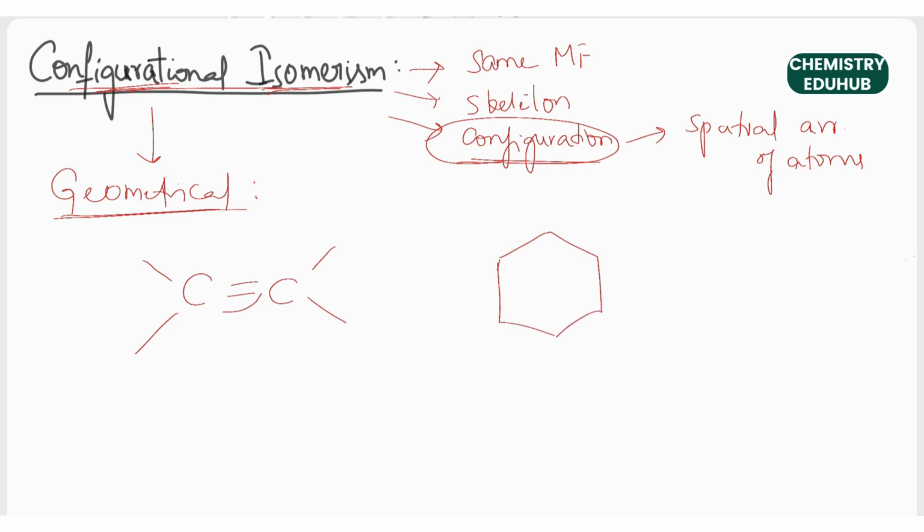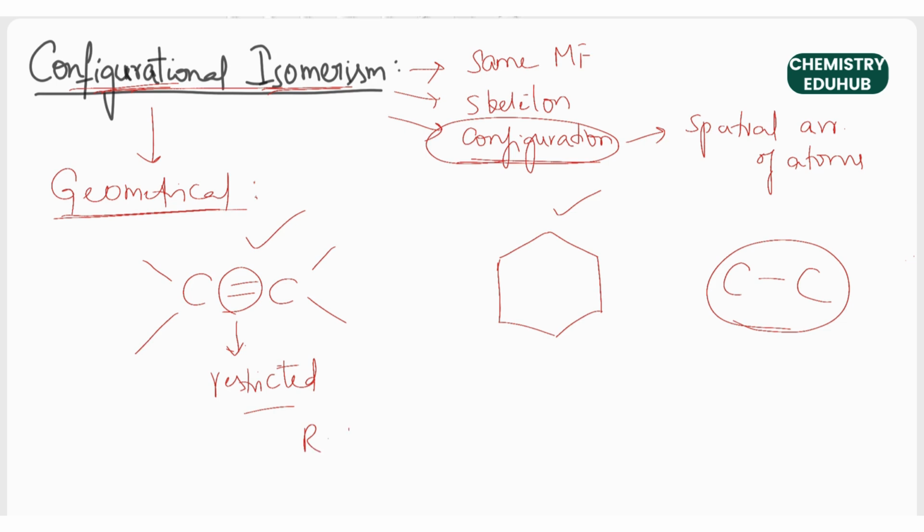The bond present here is a restricted bond. Unlike a carbon-carbon single bond, these bonds are restricted, which means at room temperature they cannot be rotated. Rotation is not possible, because of which only the spatial arrangement of particles will vary, and hence they form configurational isomerism.